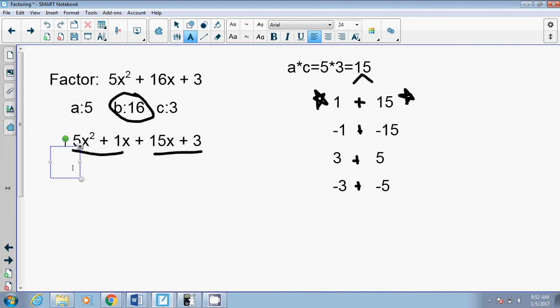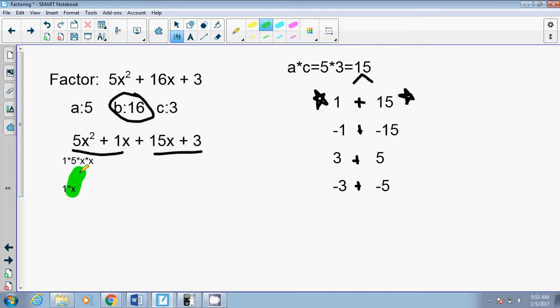So let's see here. 5x squared, I know, is 1 times 5 times x times x. And 1x is 1 times x. Let's try this again. What they have in common here is the x.